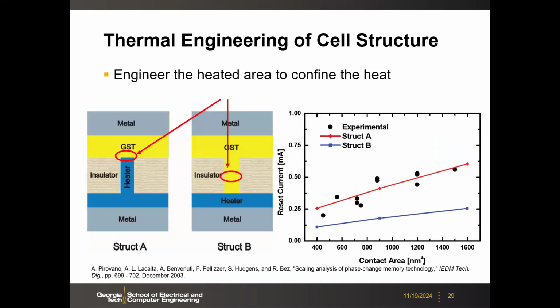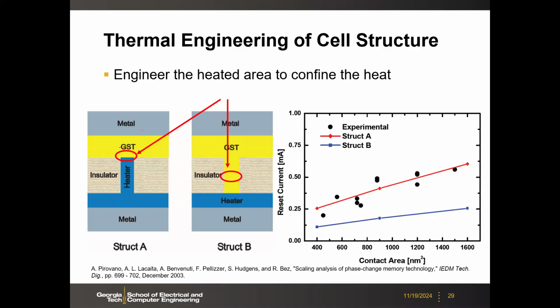But then besides the simple scaling, you want to improve the thermal structure engineering. The mushroom structure is easy to fabricate because you just need to pattern the contact hole for the plug, and then you deposit the GST material across the wafer by simple deposition.